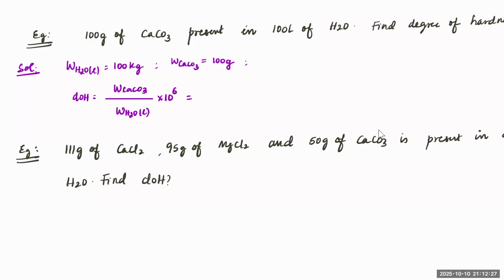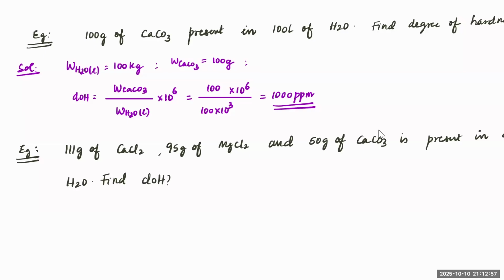So the weight here is 100 grams divided by 100 into 10 raised to power 3 grams, into 10 raised to power 6. Make sense? Clear? So you can see the 100 will get cancelled. So what do I get? 1000 ppm. So that represents the degree of hardness.